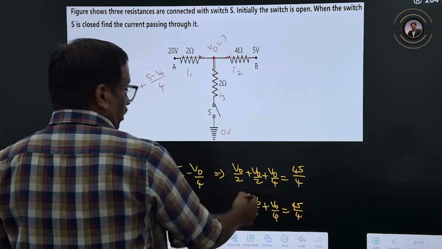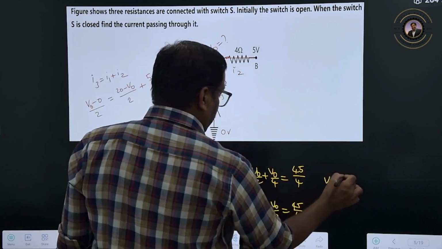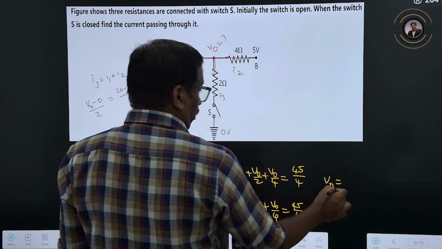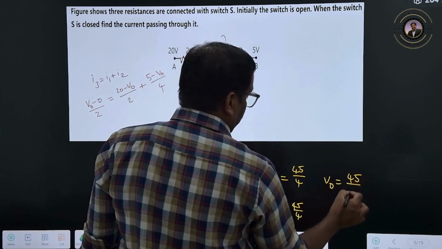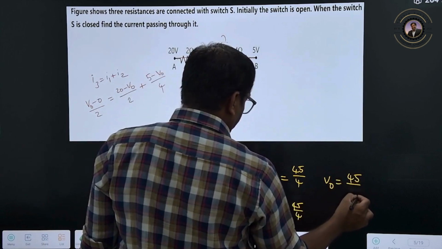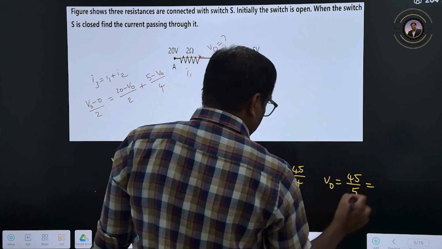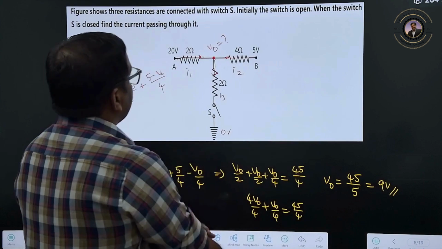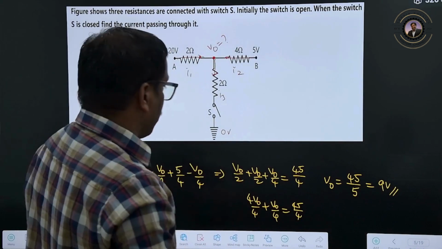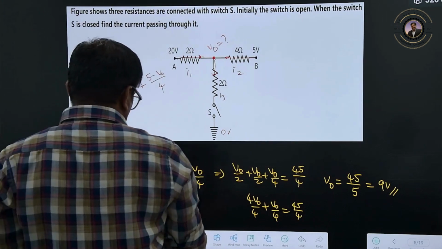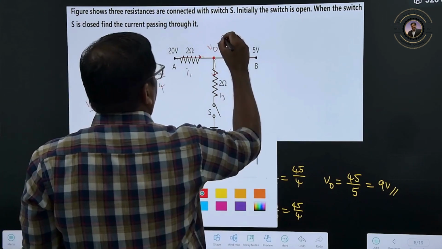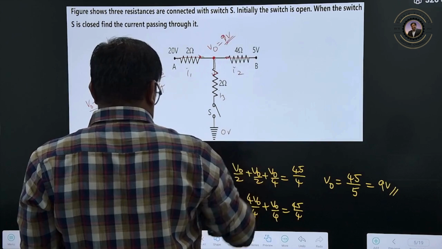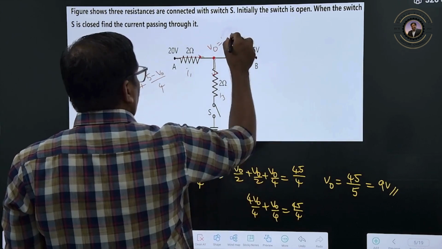This cancels, therefore 5 V0, so 45 divided by 5, 9 volts will be your answer, right? We got the junction potential as 9 volts. So how much now? 9 volts.